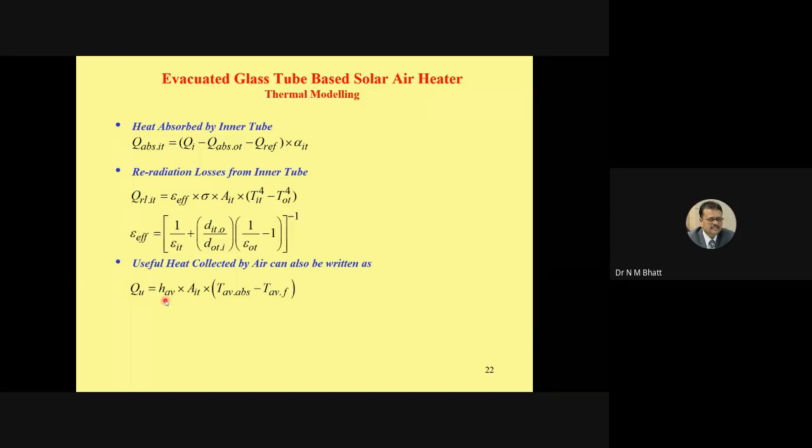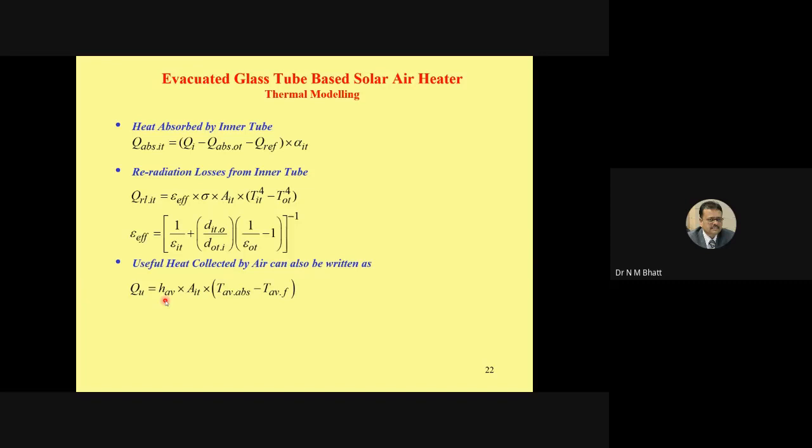If flow is fully developed and turbulent, another correlation would be there. Now the correlation is available for a simple tube. Now in that annulus, we have used the novel turbulator. So for that novel turbulator, the heat transfer coefficient correlations are not available. Okay. So that heat transfer coefficient is estimated using the experimental data.